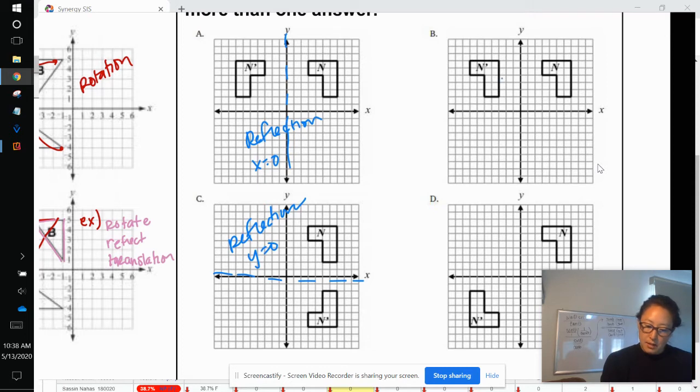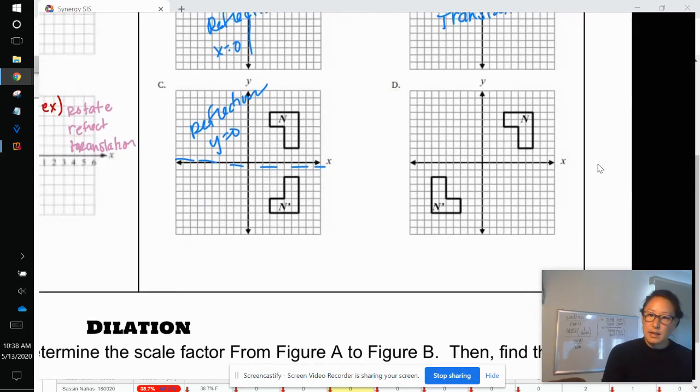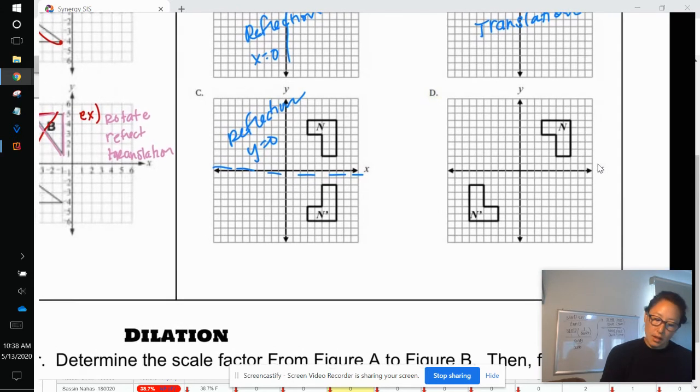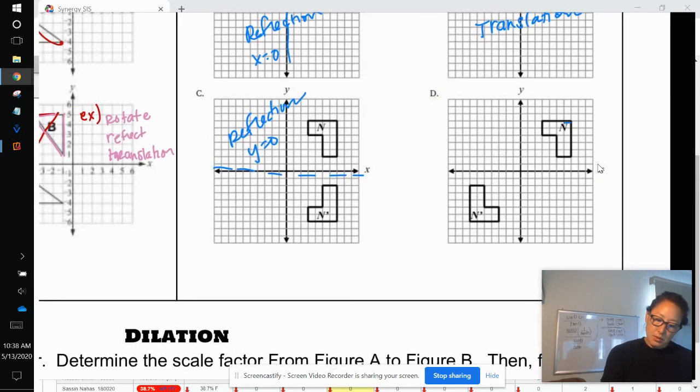B, it looks like we just slid, so that's a translation. They're all transformations. And then D, this short side is going to turn down to be the bottom, and then the tall side, if we turn it, is going to go vertically. So this is a rotation.